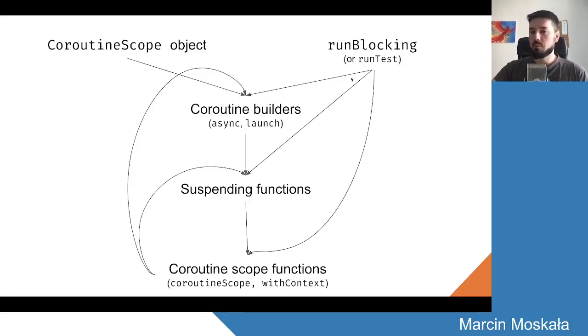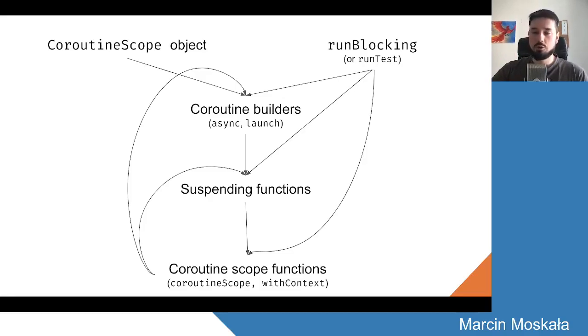There are also runBlocking and runTest that should be avoided. It is a bad smell to use that. In some cases we need to use it, so it's not a rule that you should never use it, but you should avoid using that whenever it's possible.